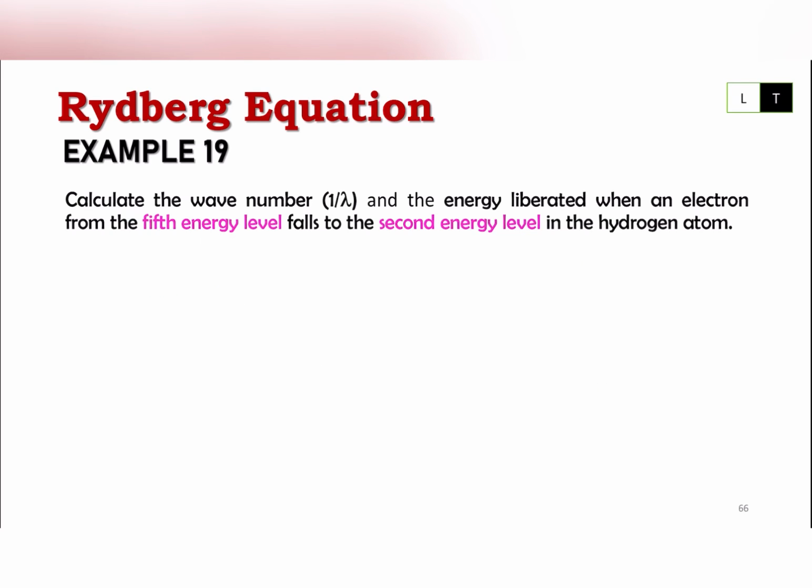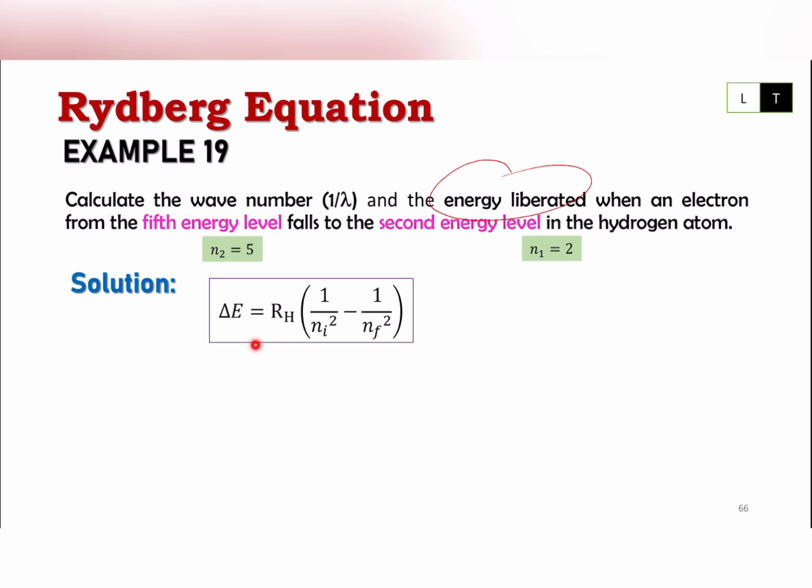And now we are going to continue how to calculate the energy liberated when this electron falls from the 5th energy level to 2nd energy level. So I'm going to use this formula. The value for Rydberg constant right now is 2.18 exponent negative 18 joule. So now, if you take a look here, I already labeled the value for N2 is equals to 5 and N1 equals to 2.